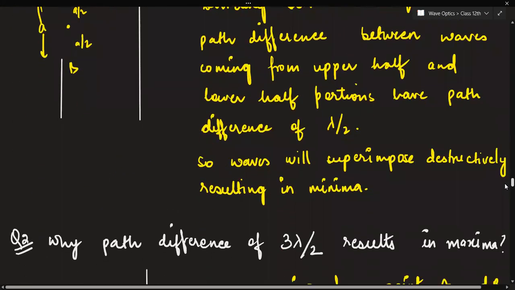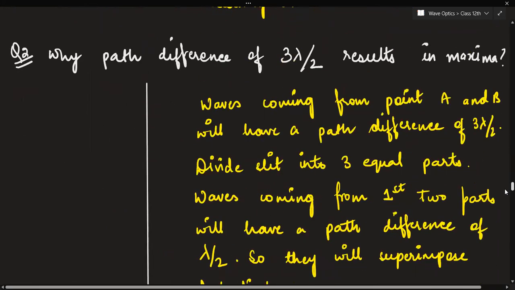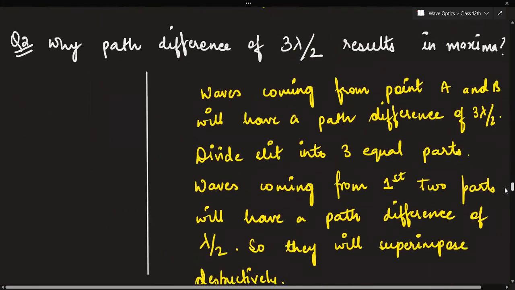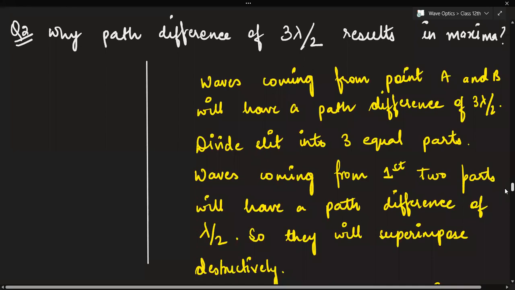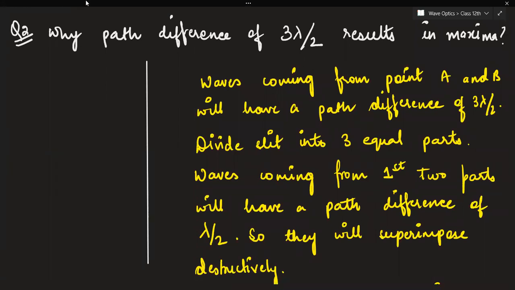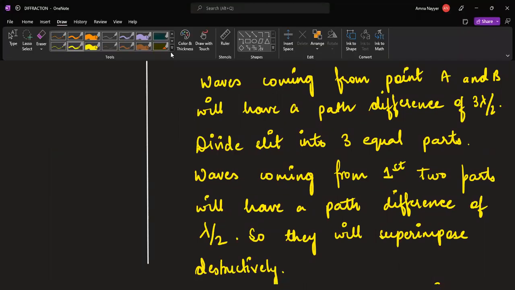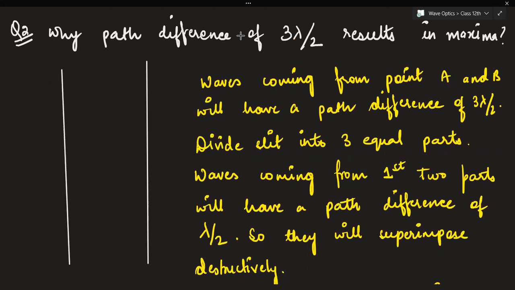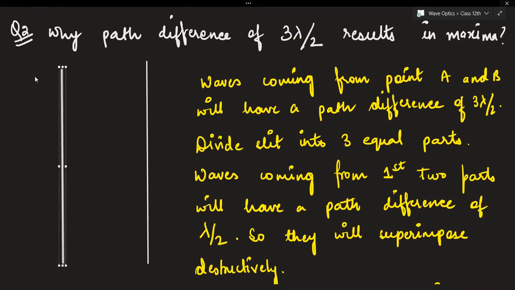Now, let's say 3 lambda by 2 is there. How does it result in a maximum? Now I'll divide the slit into 3 parts and show you the difference. I have taken the single slit for the experiment.